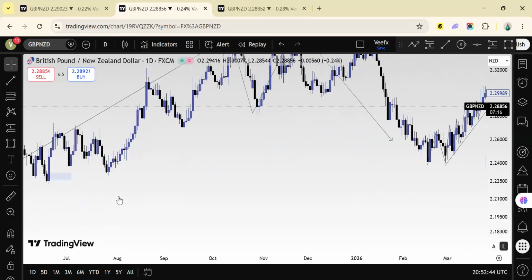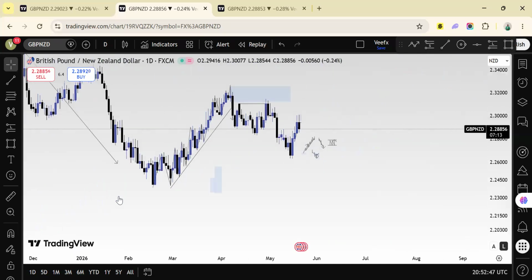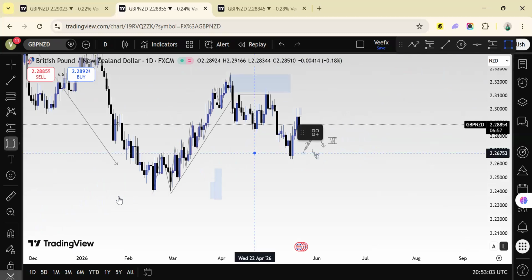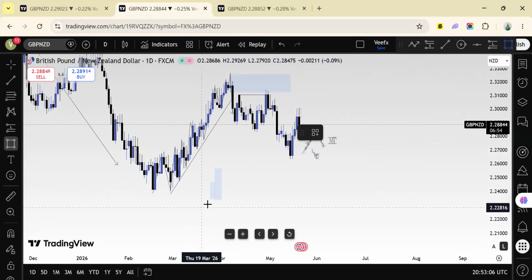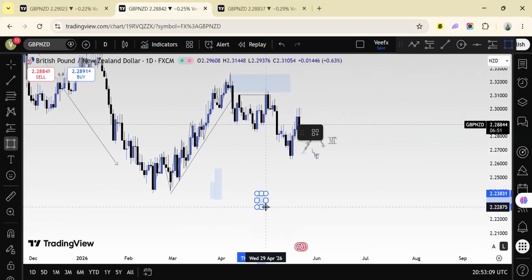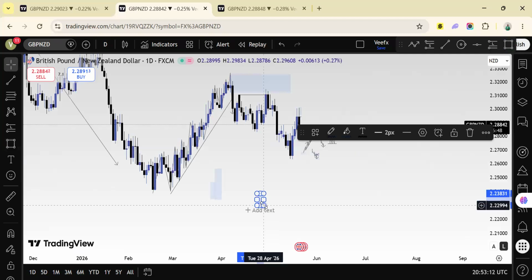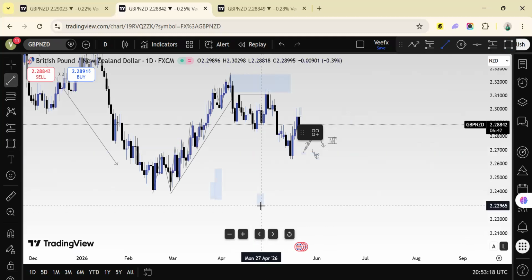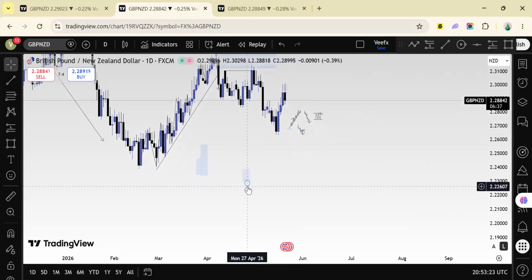The next type of order block that we have in the chart is what we call the morning star candlestick. That's another type of order block candlestick pattern, right? How it looks is, first off, you see a small bearish candle, and let's say it has a small wick on the body.